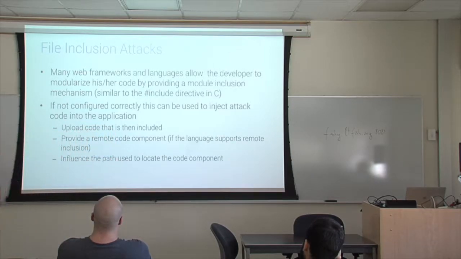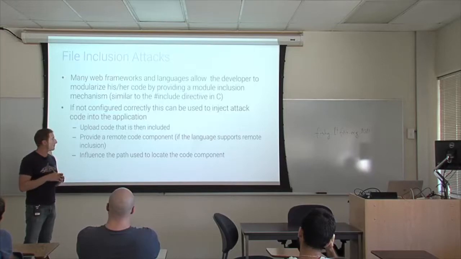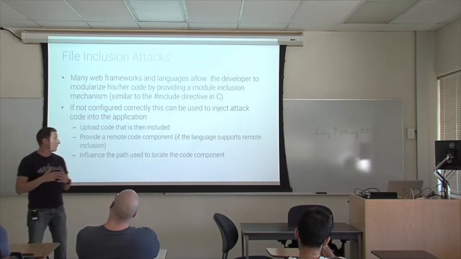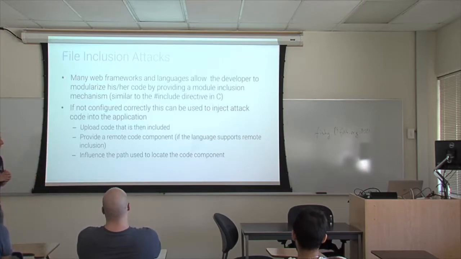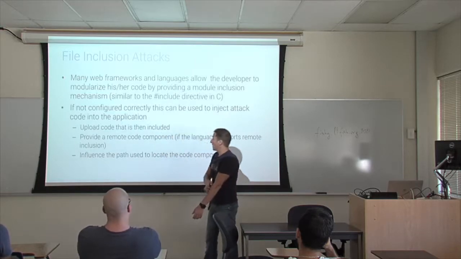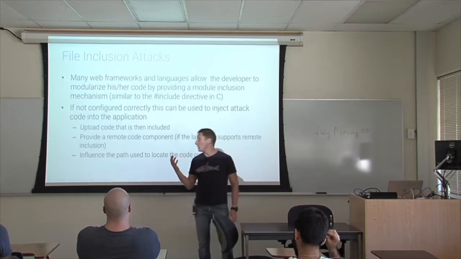People that don't fully understand the mechanism of inclusion in certain frameworks sometimes misinterpret how it's done, or the scope of the variables, or other aspects. For example, one interesting thing is that code could also be included remotely.